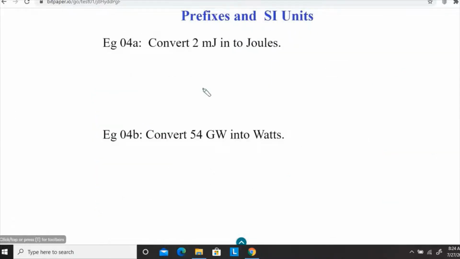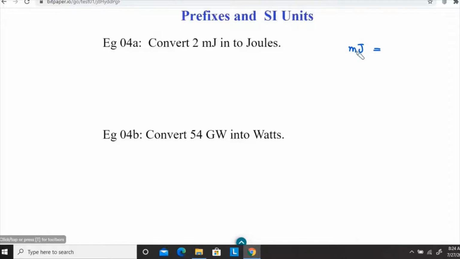Now let's try to do these examples related to prefixes. So the first one is asking us to convert 2 millijoules into joules. So there's the prefix milli here. So I'm trying to build up a connection between millijoules and joules.